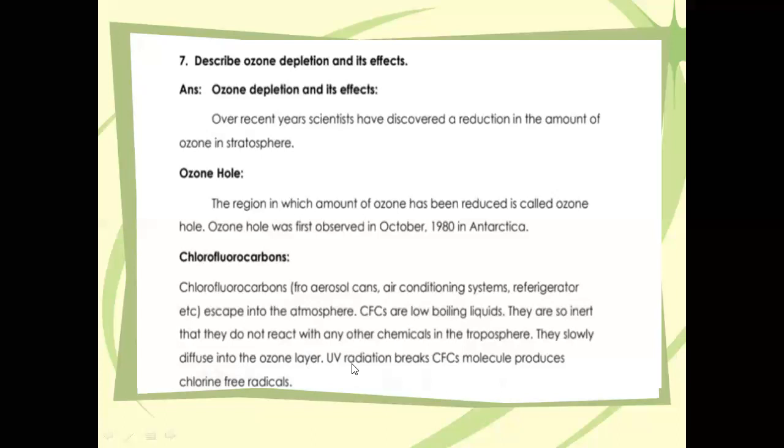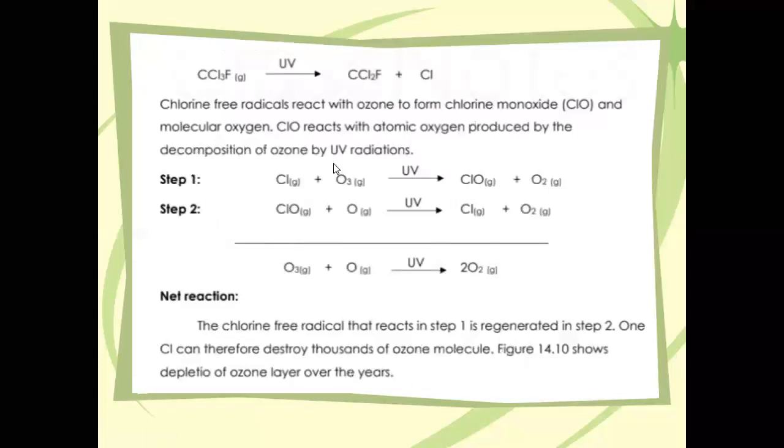And then these chlorofluorocarbons actually react with the ozone, because ultraviolet radiation, only ultraviolet radiation, breaks these chlorofluorocarbon molecules, and then they produce chlorine free radicals. And you know that free radicals are highly reactive, so those free radicals then react with the ozone. So chlorine free radical reacts with ozone and forms chlorine monoxide, ClO, along with molecular oxygen.